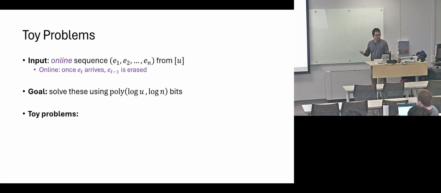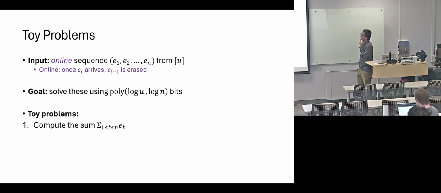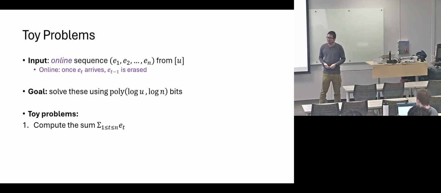Let's see how we solve this, starting with a toy problem. Suppose that I want to compute the sum of these numbers. Do you see how we can do this in the model? Maxim? Just keep a running sum. Yeah, just keep one counter variable.